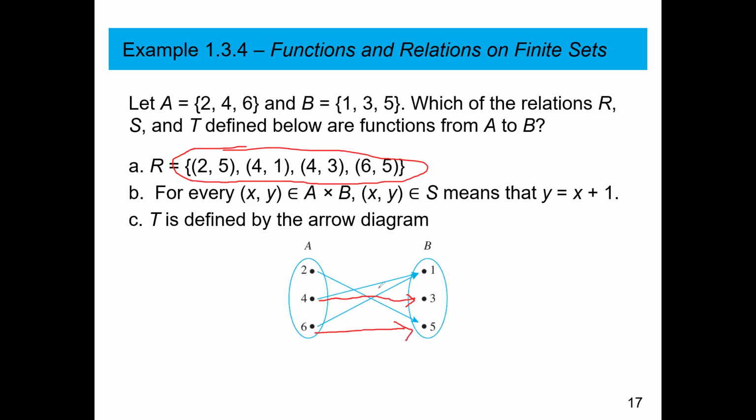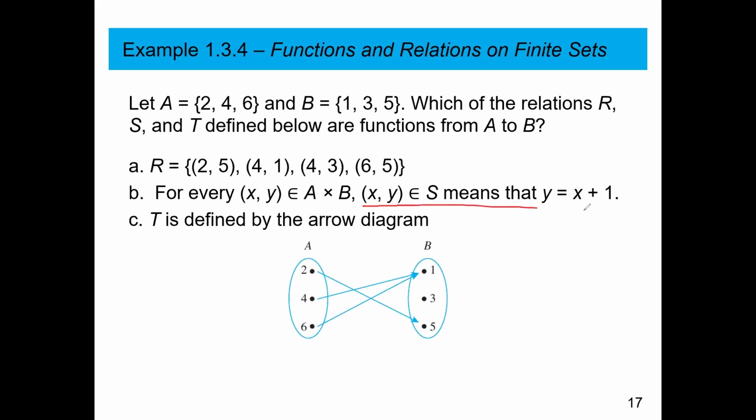Now the question is, if I drew it this way, so ignore this one right here, is this a function? The answer would be no, because notice that 4 goes to 2 values. It goes to both 1 and 3. That breaks property number 2. We don't like that.